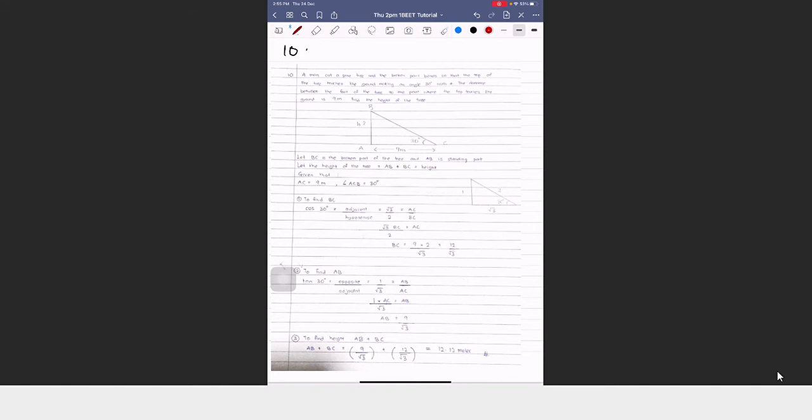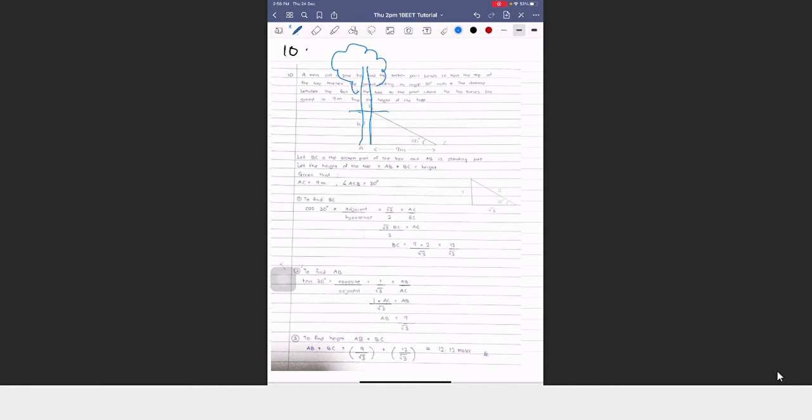Okay, so basically initially you have a tree, isn't it? This is actually a tree here. Okay, and then a man cuts it.